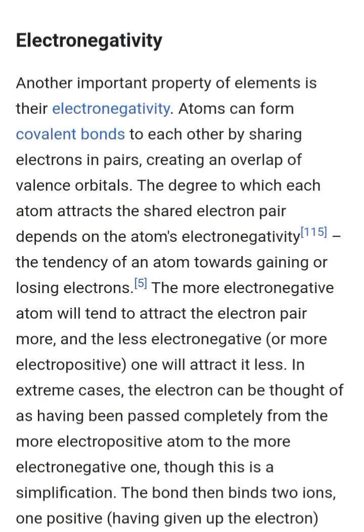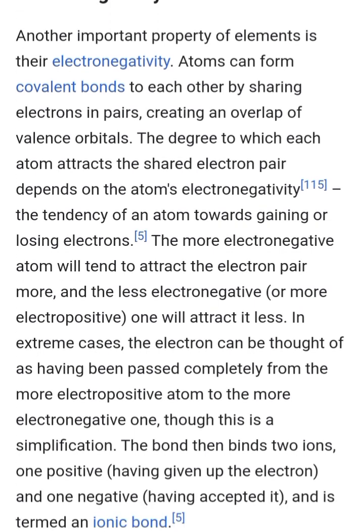electronegativity. Electronegativity is the ability of an atom to attract electrons to itself. Another important property of elements is their electronegativity.